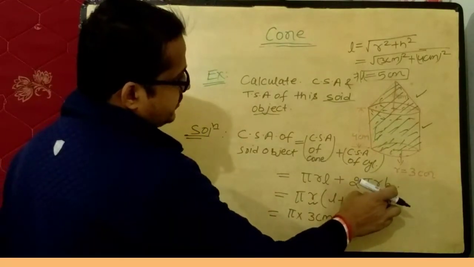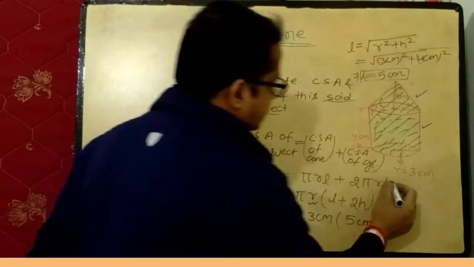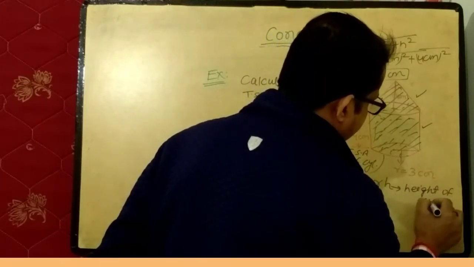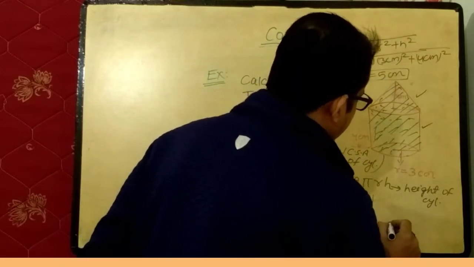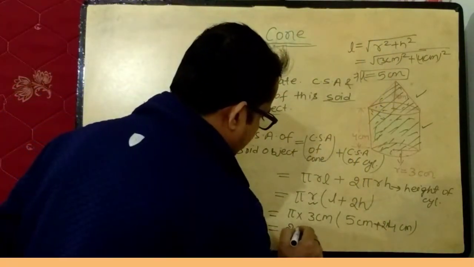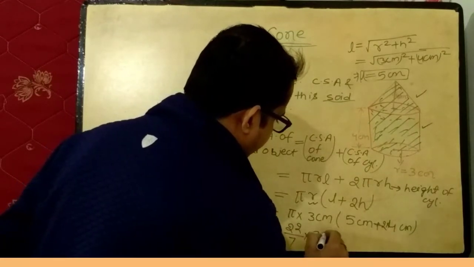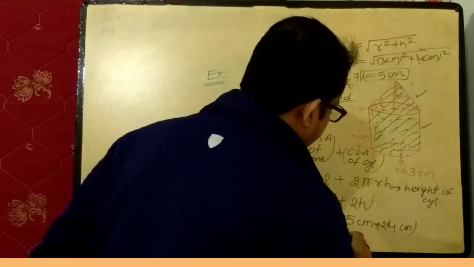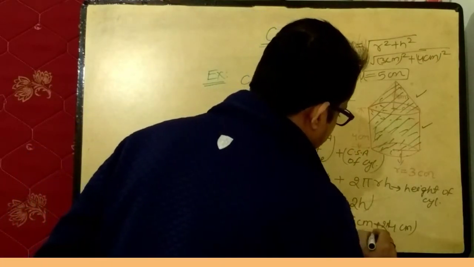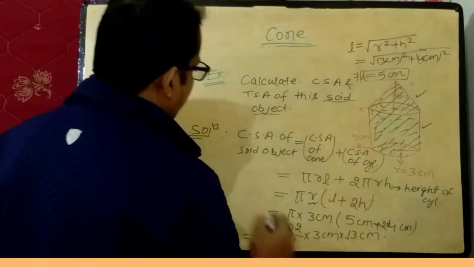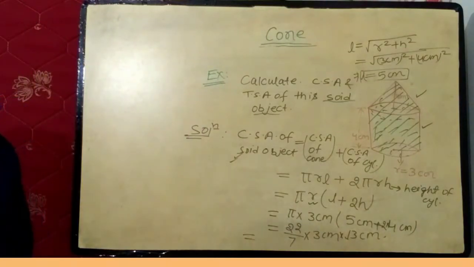This is the height of this cylinder, so 2 into 4 centimeter. Solve it. 22 upon 7 into 3 centimeter into (5 plus 8), that is 13 centimeter. If you solve it, then you will get the curved surface area of this object.